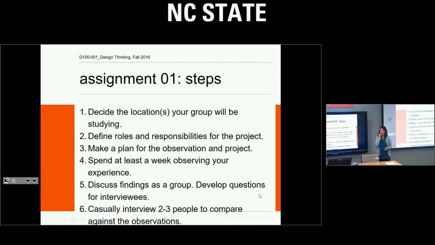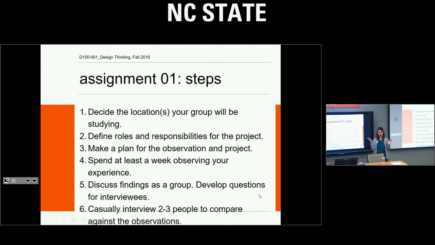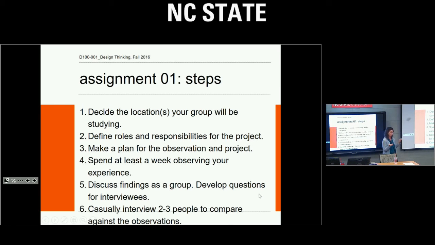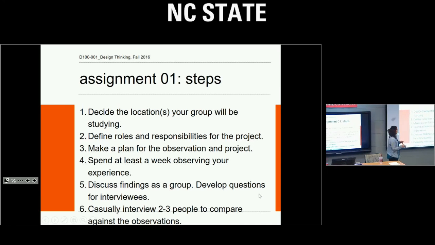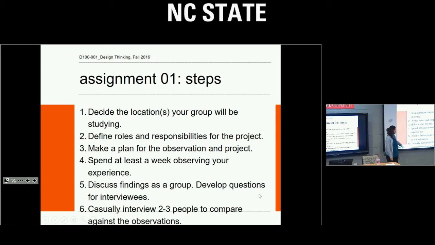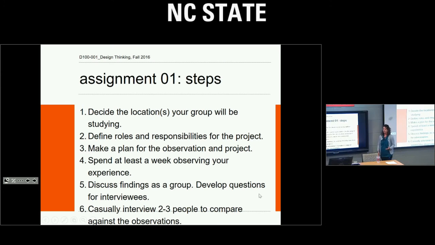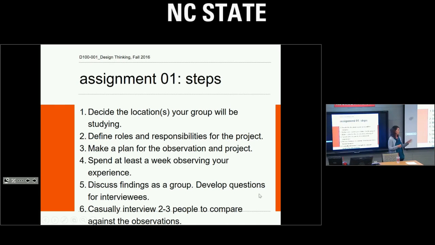So it should not be formal. You can just say, why are you buying green tea? Is it good? What's up with that? Definitely you want to say, I'm doing a very anecdotal survey for a class, and I'm just curious, why are you? Casually interview these 2 to 3 people. That's what I mentioned. So the interview can really be 1 or 2 questions. It can be sort of in passing.